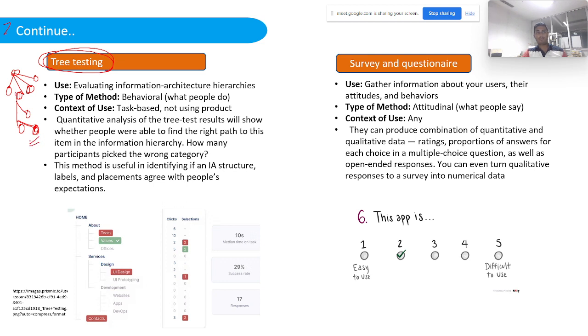However, we can also use this particular technique as a quantitative method when we use this with a higher sample size of users, and we count how many people actually could identify this particular feature. That means here we are again talking about counts, which are quantitative information.